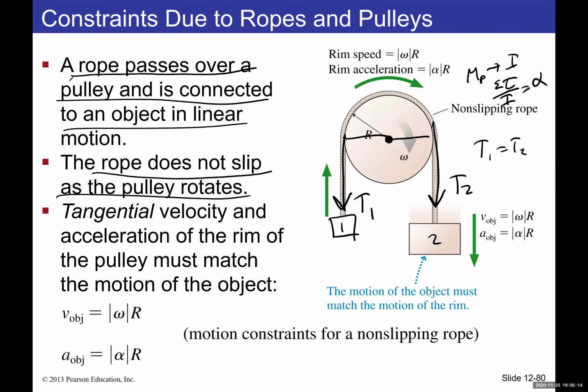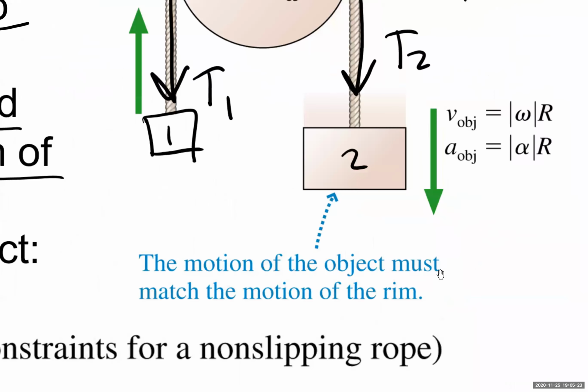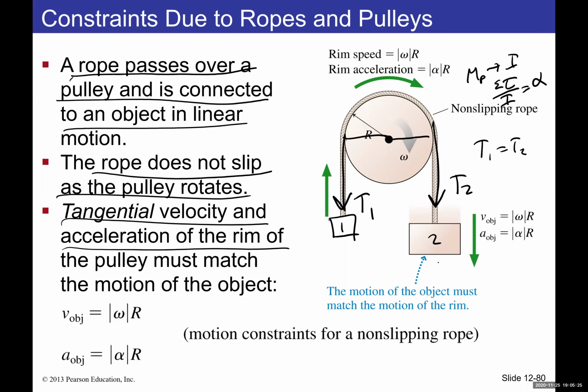That means the tangential velocity and acceleration of the rim of the pulley must match the motion of the object. So let's say this guy is moving with some acceleration a1, this is a2, and there's also an a3, the linear acceleration of the disc or the pulley. Well, one thing that stays the same is that they still have the same acceleration.